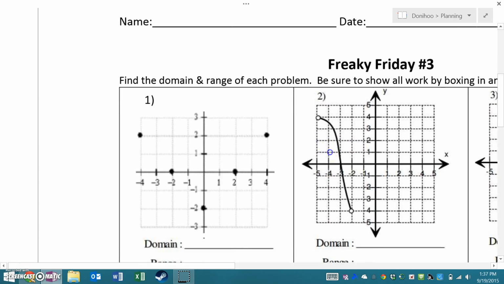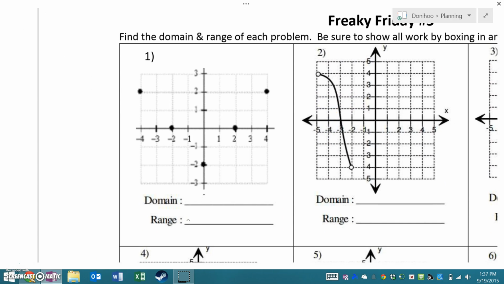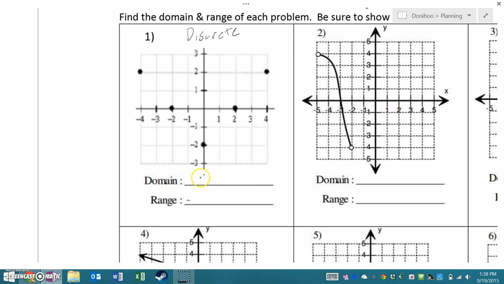Okay, anyway, looking at number 1, again this comes into whether or not a graph is continuous or discrete. In this situation, this will be a discrete graph. What that's going to mean here is that for my domain and my range, I'm going to actually be writing the numbers for the domain and range. So for instance, an x value here would be -4. An x value here would be -2.